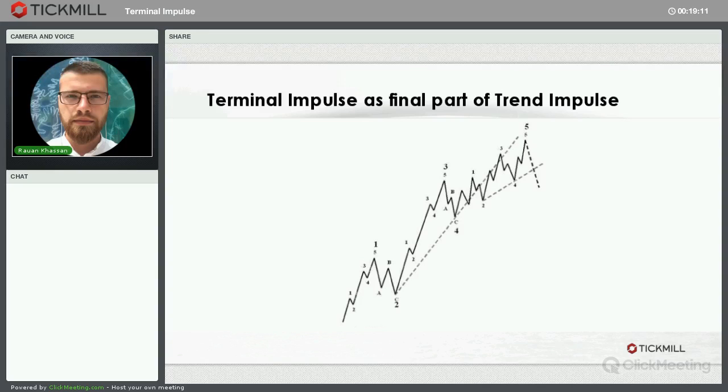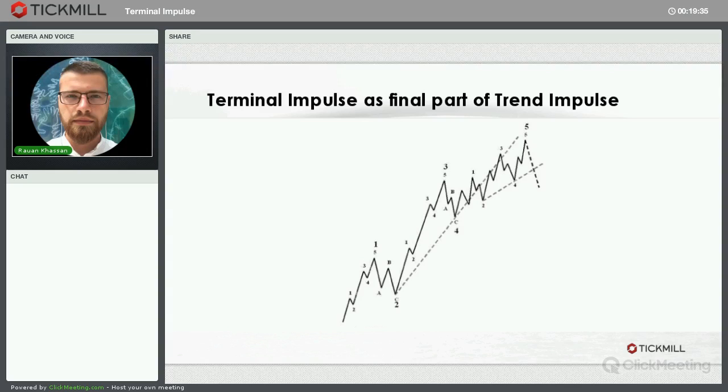So the key feature for such a trend impulse, which is being developed using terminal one, is that the signal line which connects the beginning of waves 2 and 4 is crossed during the making up of wave 5.